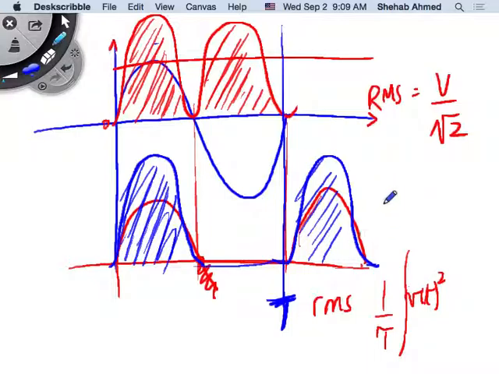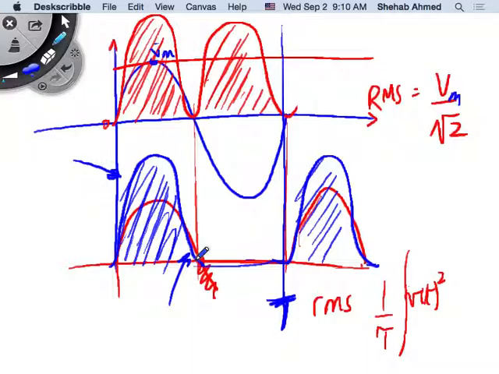I'm trying to get you to come up with the RMS value for this new waveform without going through the equations, right? So how would you do that? We know that for the sine wave, it's Vmax over square root of 2. For this new waveform, which is a half wave rectified sine wave, I know that the area was divided by 2. All of that is going under the square root.